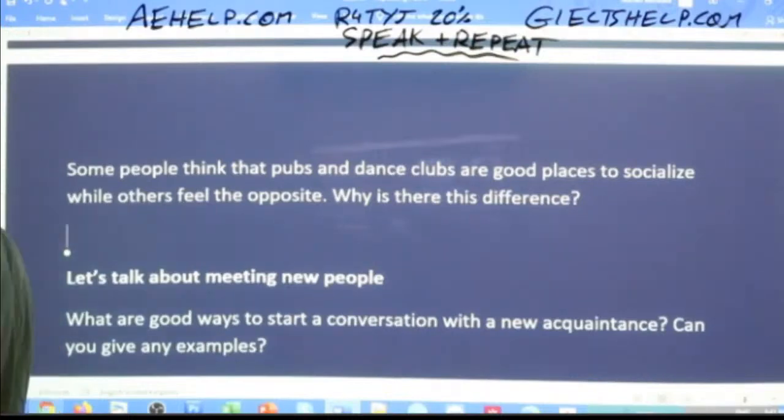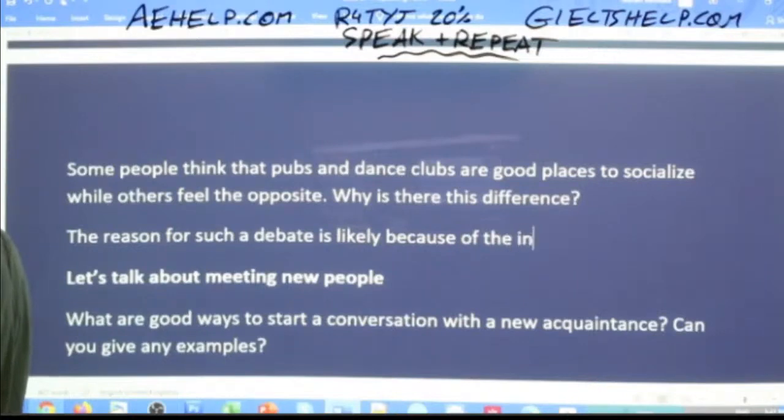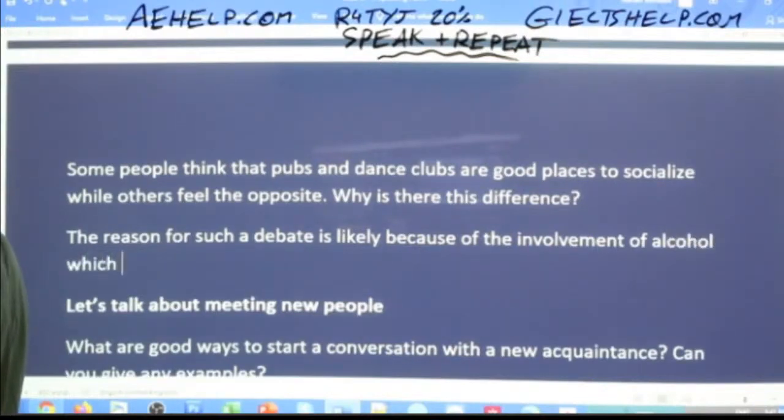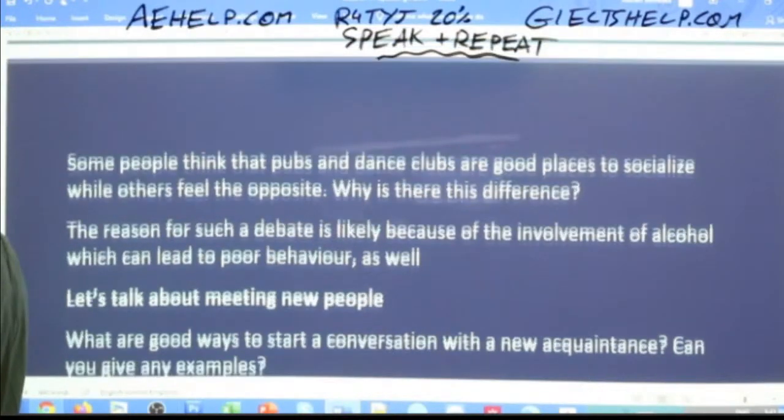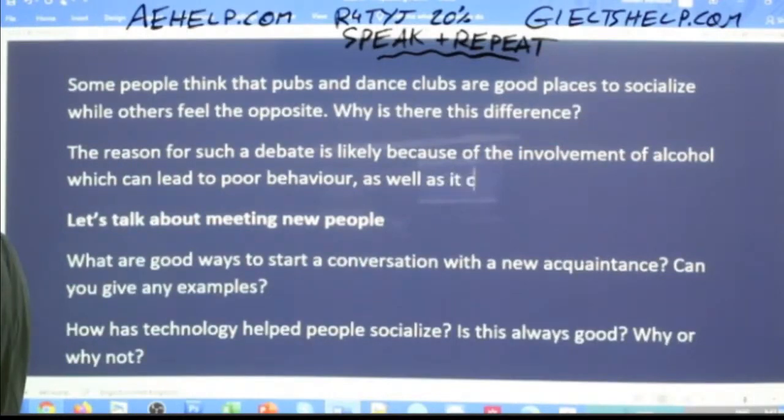All right, so the reason for such a debate is likely because of the involvement of alcohol, which can lead to poor behavior as well as it can be quite unhealthy.